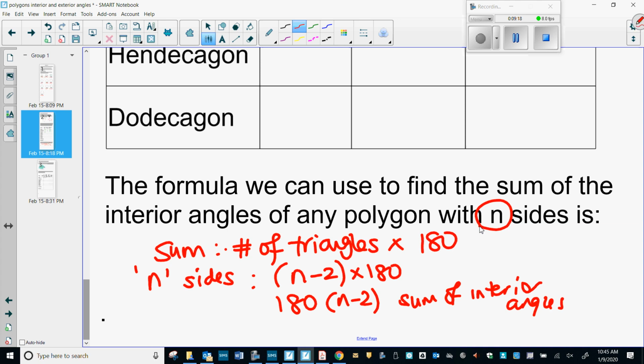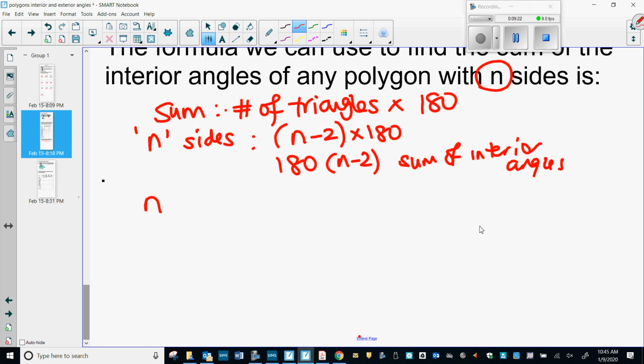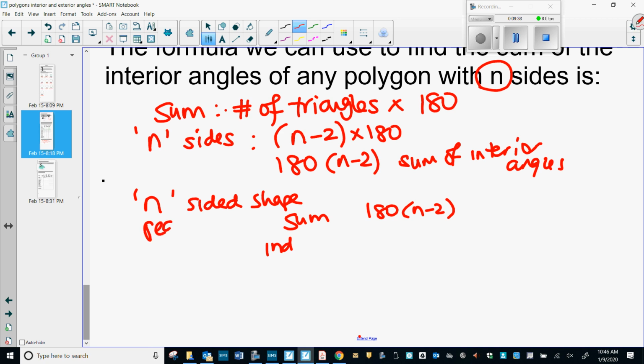So if I knew that I had an n-sided shape, then my sum is going to be 180 brackets n minus 2, and then for a regular one, the individual angles would be 180 brackets n minus 2 divided by n.